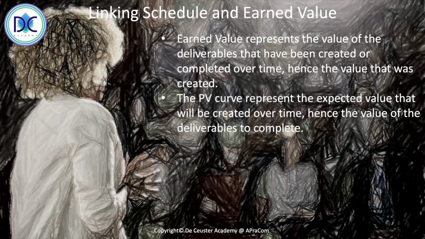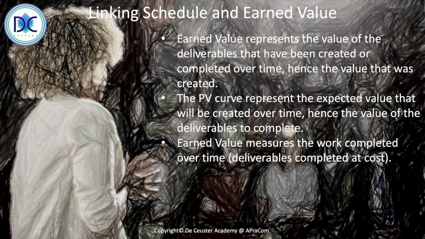On the other hand, the planned value curve represents the expected value that will be created over time. Basically, this is the value of the deliverables that we will complete or we should complete over time. So it has two parameters in it, the cost of the deliverables and the scheduling of the deliverables.